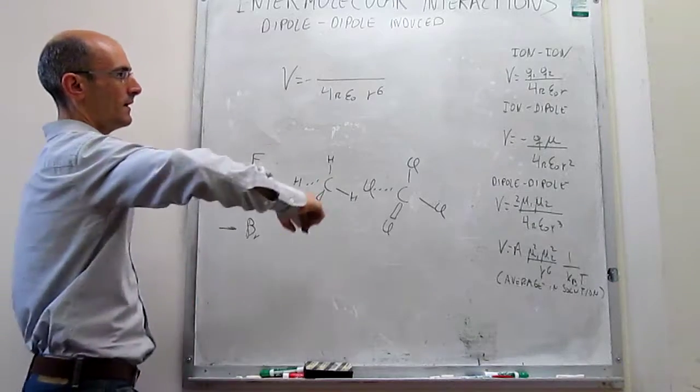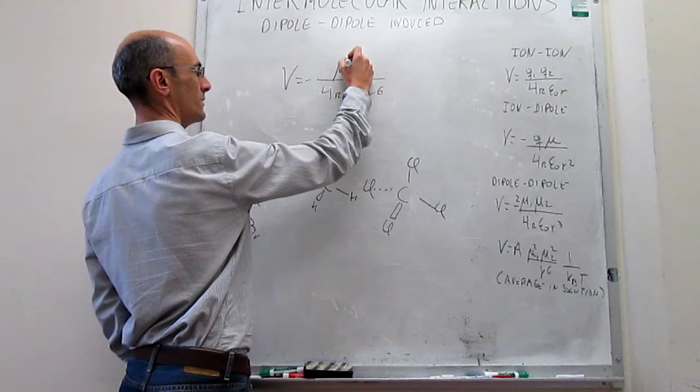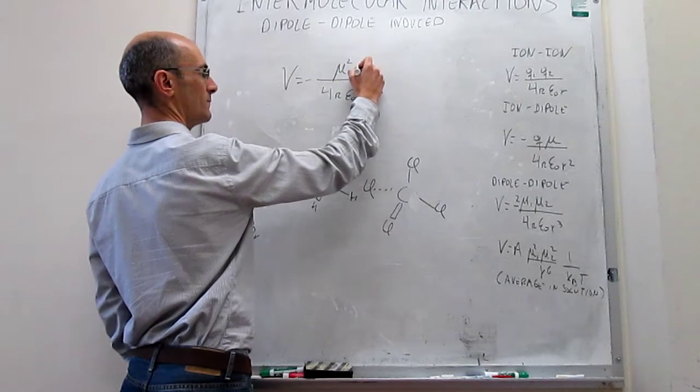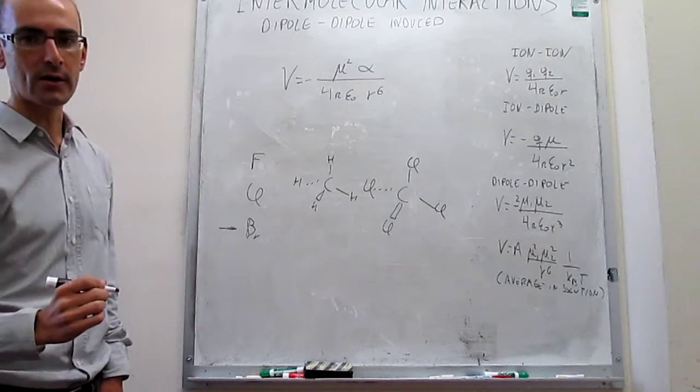And in the numerator you're going to have the dipole moment squared times the polarizability. So that is how you capture this.